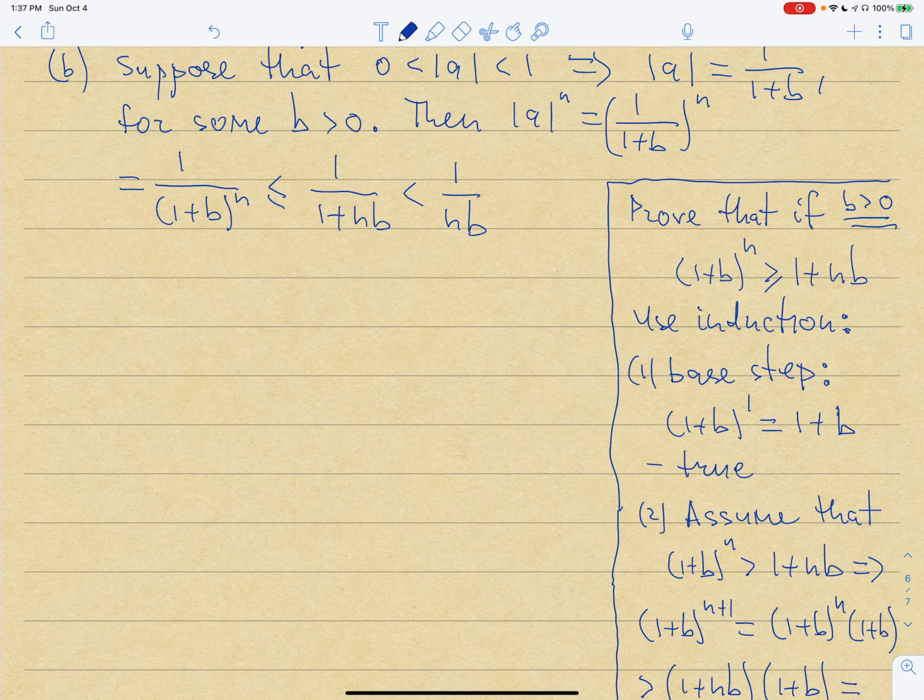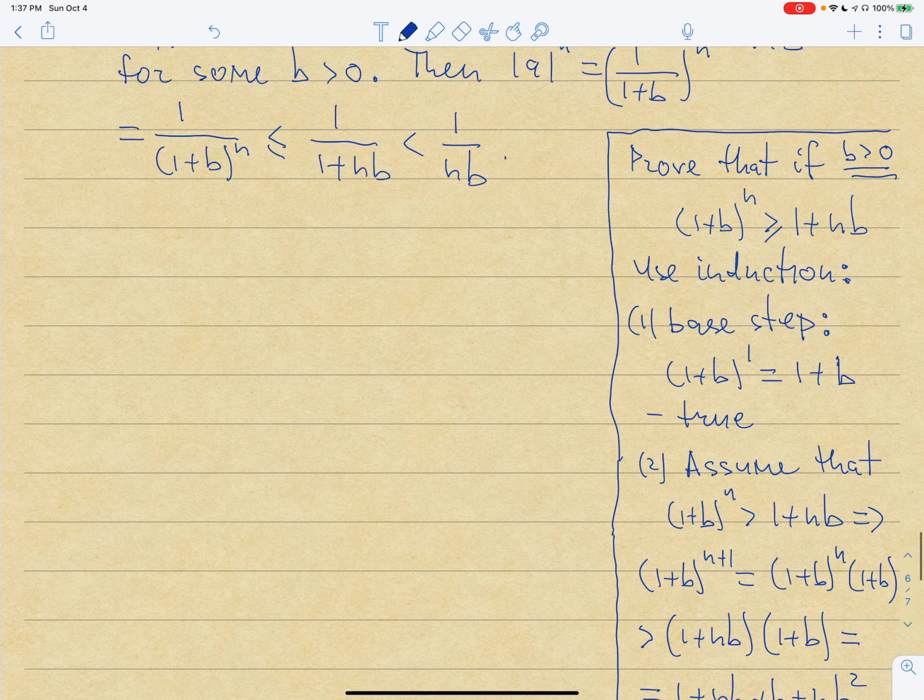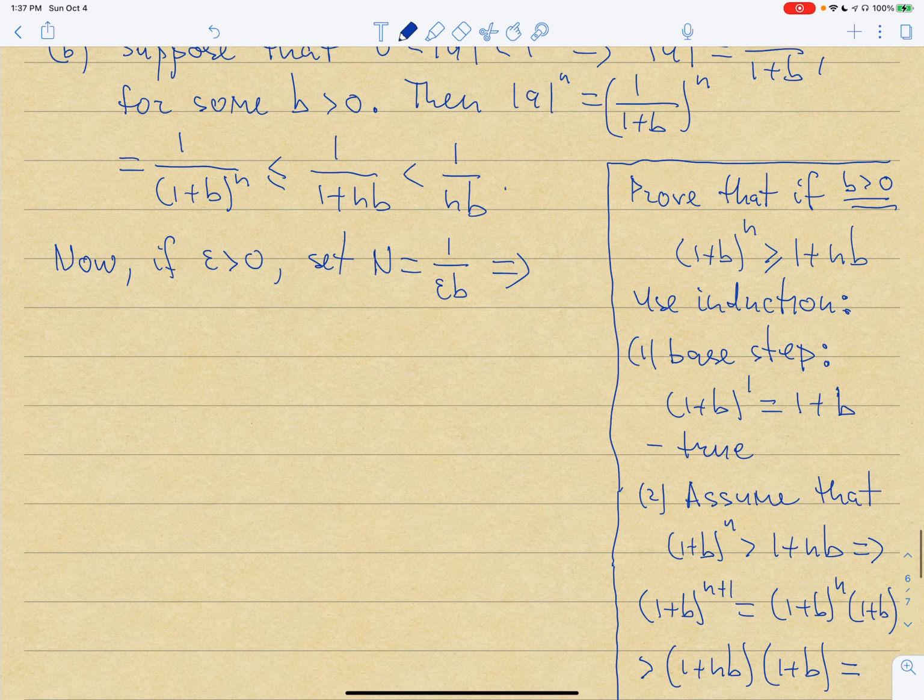So now, given an epsilon greater than 0, I'm going to set capital N equal to 1 over epsilon b. Then, what can I say about the absolute value of a^n minus 0?